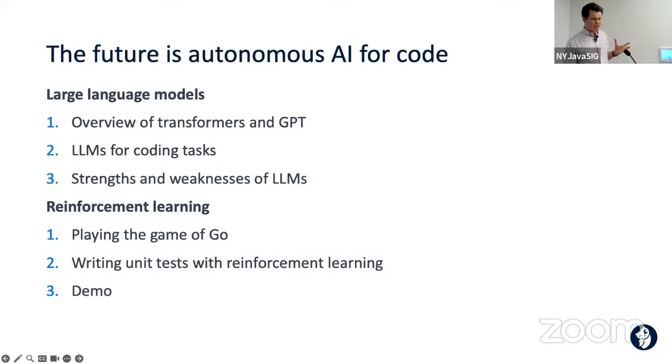So let's have a look at what we're going to learn. By the end of this session, we're going to have a good understanding of a quick overview again of large language models and transformers in particular, and looking at the strengths of large language models for coding tasks and some of their weaknesses. Then we're going to look at reinforcement learning and how it is used to play games, in particular a couple of examples using Go and some of the work from Google, which is really exciting.